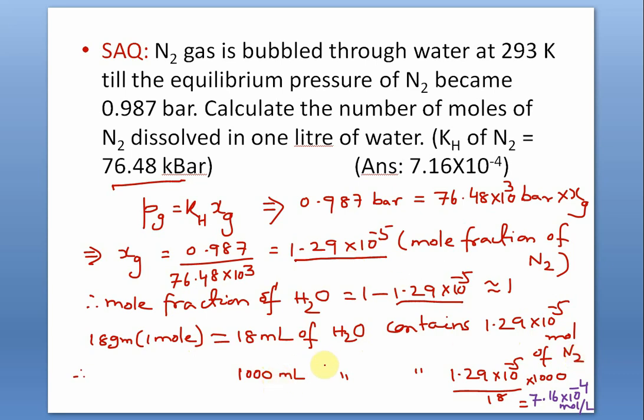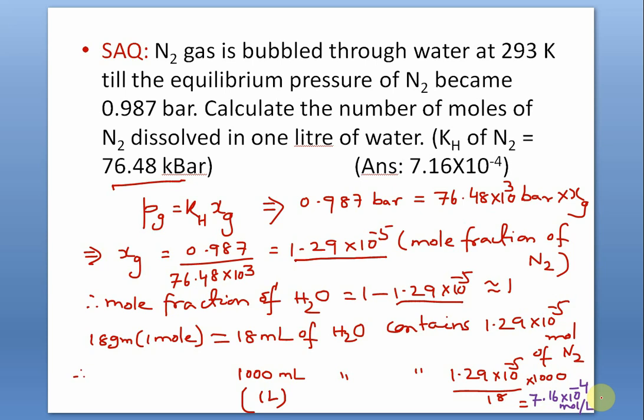So 1000 milliliter or 1 liter of water or solution will contain 7.16 into 10 to the power minus 4 moles per liter. Such is the poor solubility in moles per liter, or molarity.